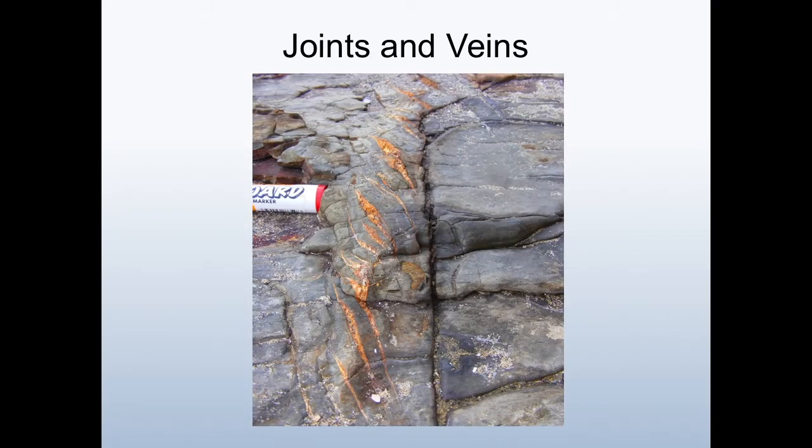These are some slides now of joints and veins. What we're looking at here is a series of, in this case, veins and some joints. The veins shown here are these parallel yellow reddish stained features.